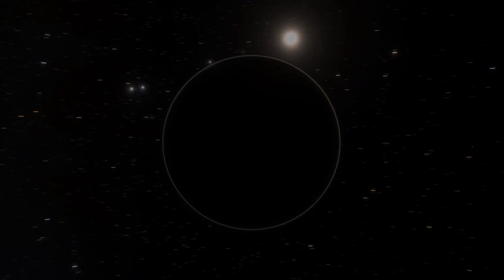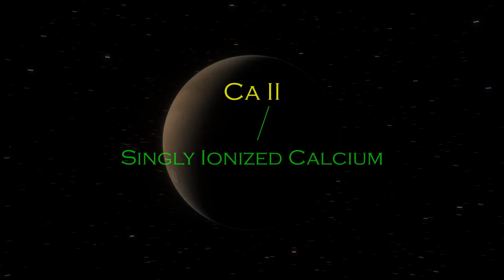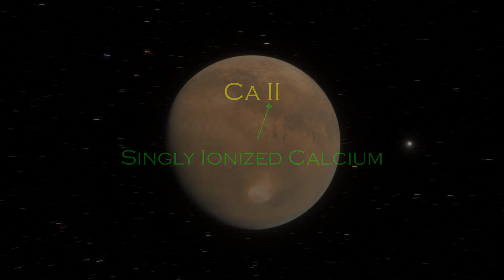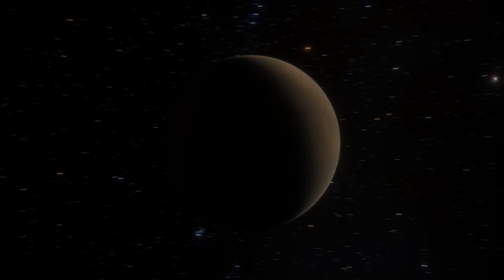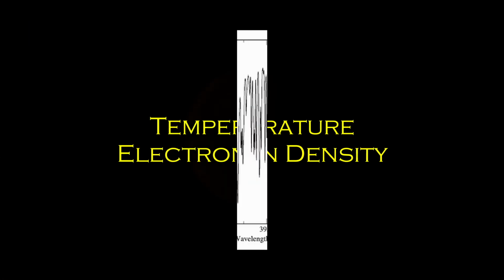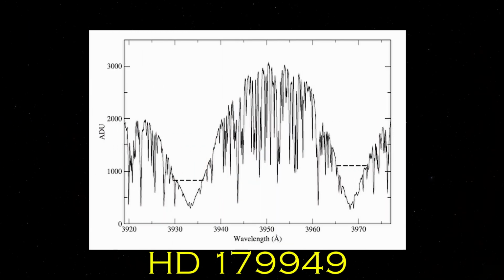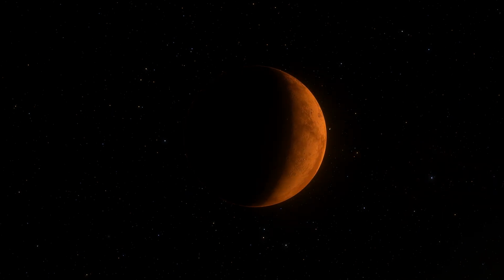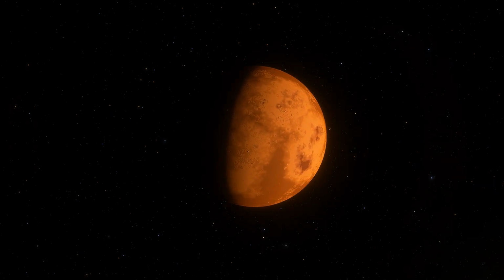Calcium-II means that these lines are observed from singly ionized calcium atoms, that is, calcium atoms where one electron has been ripped off. These lines are sensitive probes of temperature and electron density. This is an example plot of these lines for our Sun itself. Due to the broad absorption and the fact that the lines are observable from the ground, these lines are an optimal choice for monitoring chromospheric activity.